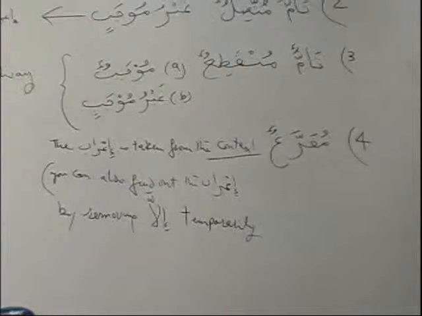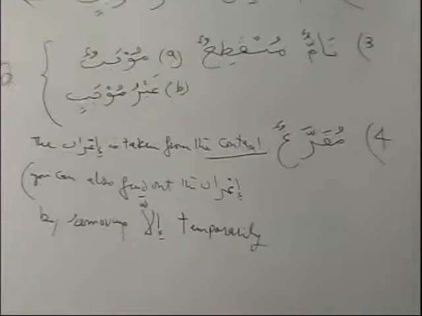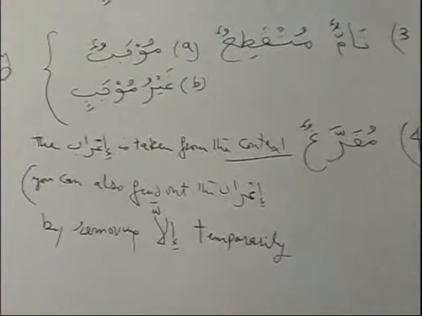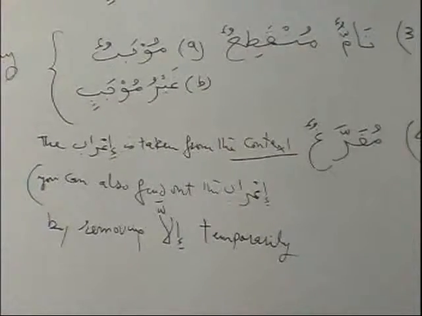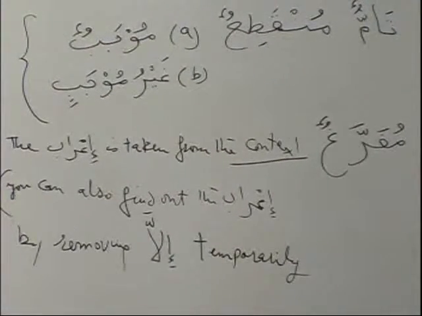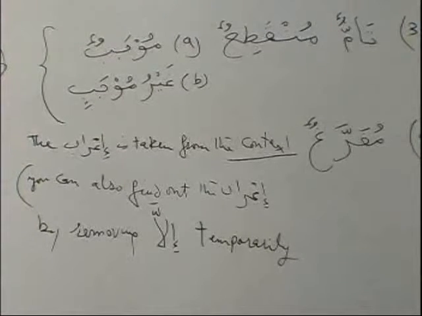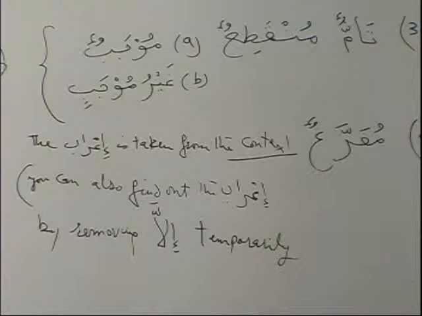That you remove illa, just temporarily, just for the time being, to figure out the i'rab. It means illa is not there, but it is there. But in order to find out, you remove illa temporarily.